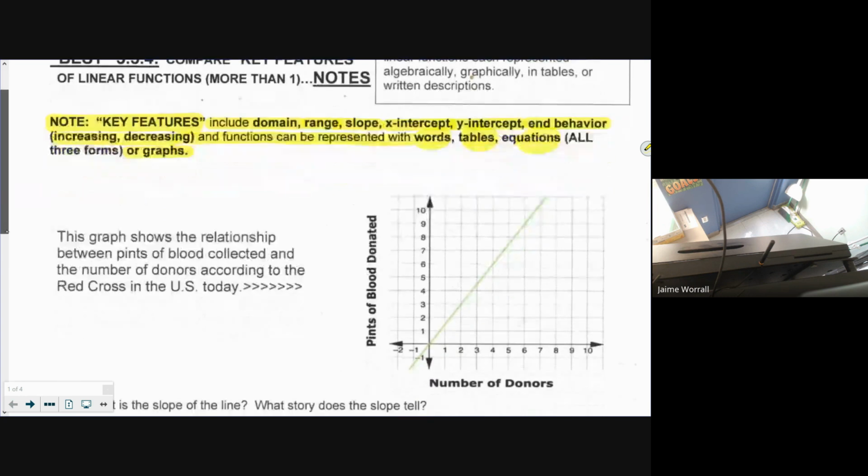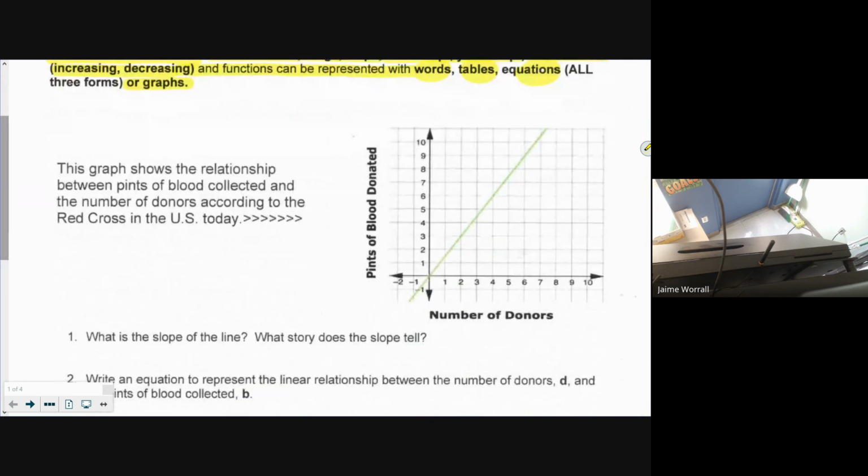So Algebra Nation is basically giving you this question as a warm-up. You're only looking at one thing and one thing only in this scenario. So this particular graph shows the relationship between pints of blood collected and number of donors, according to some statistic in USA Today. So do yourself a favor.